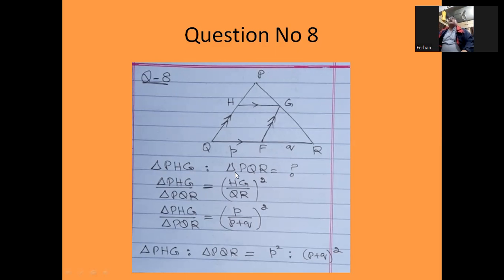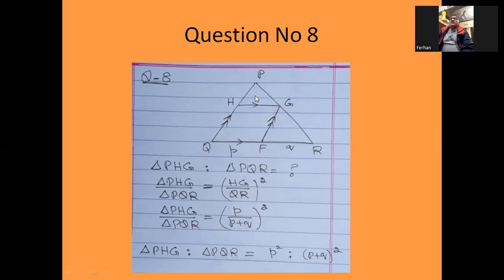Triangle PHG and triangle PQR, the ratio of the areas is the question. So the triangle PHG divided by the full triangle PQR, that will be HG divided by QR, whole square.